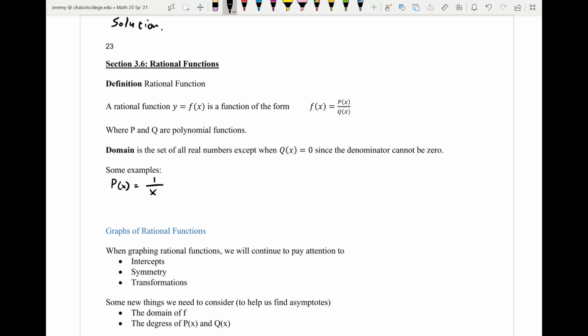And then x in the denominator is a very simple polynomial, degree 1. We oftentimes consider this the parent rational function, so we can talk about transformations, translations, reflections, all that stuff in terms of this parent function.